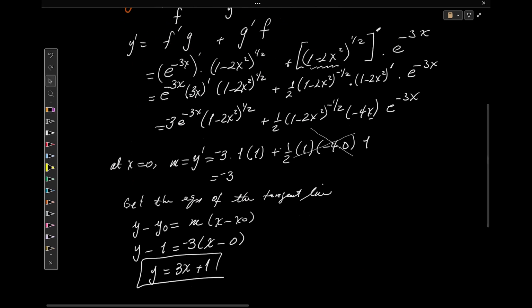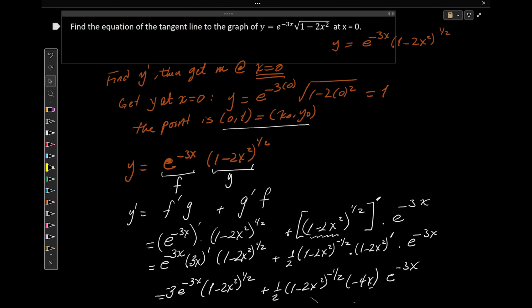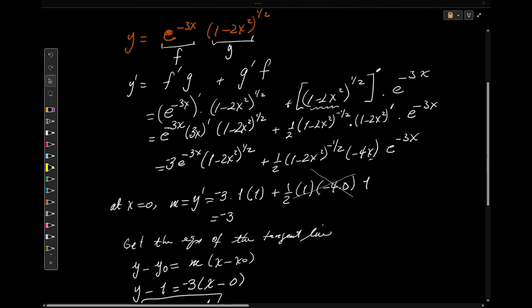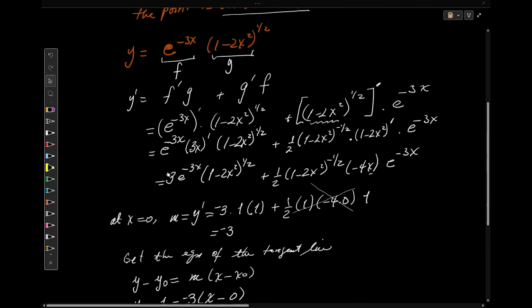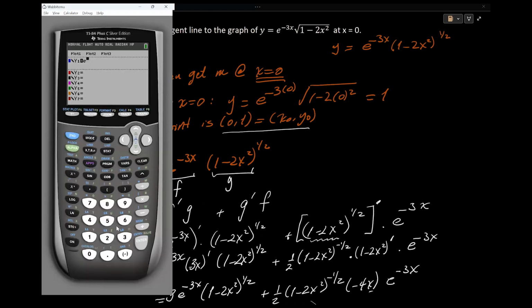So that's good. Because now, again, yeah, it's e to the negative 3x times that. Okay? So let's plug that equation in. So e to the negative 3x, and then square root 1 minus 2x squared.